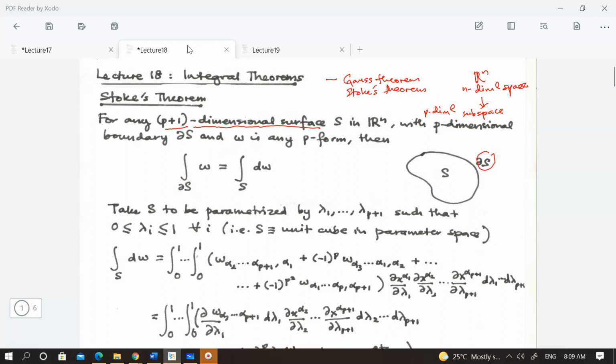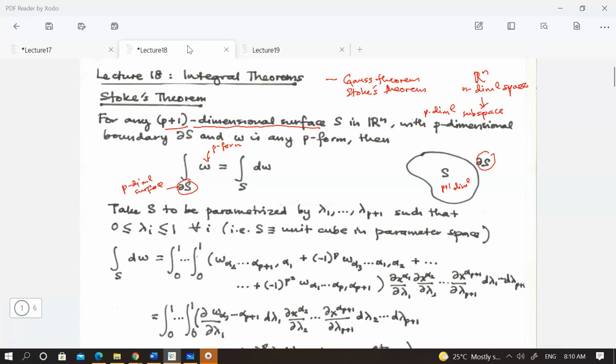This one is a p-dimensional surface, which is the boundary of a P plus 1 dimensional surface. So this is P plus 1, the boundary will be P dimensional.